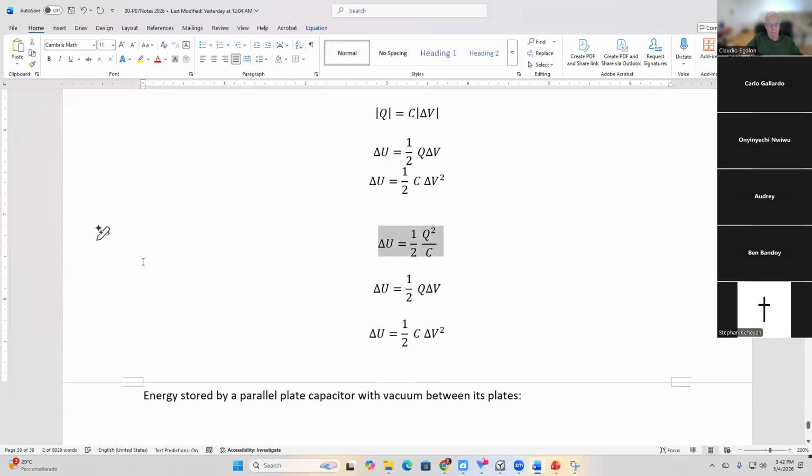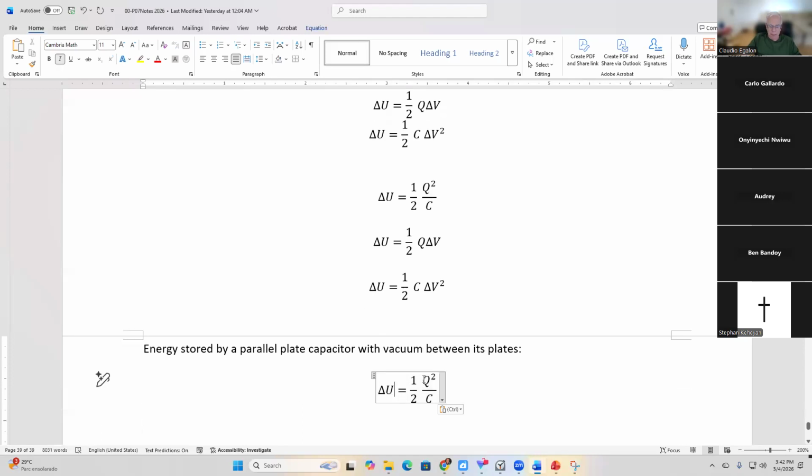So here you go. Vacuum between its plates. I'm going to put that notation U naught and C naught. Q doesn't change, right?